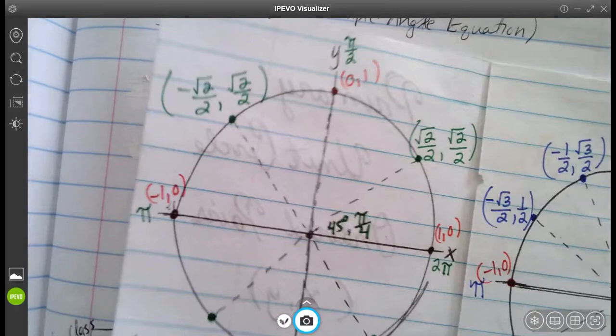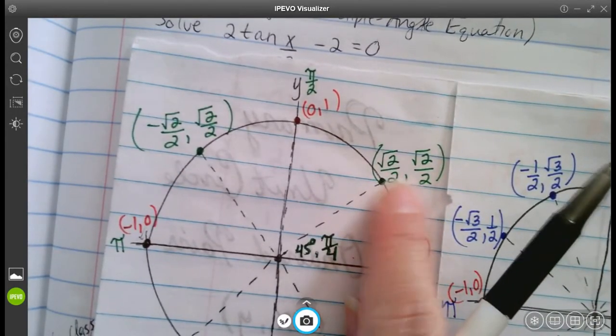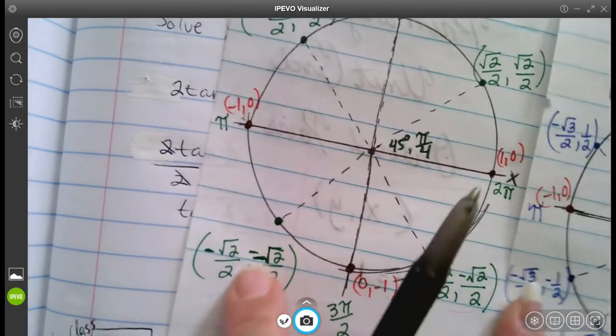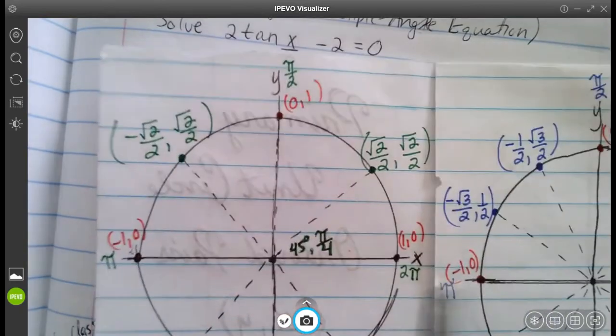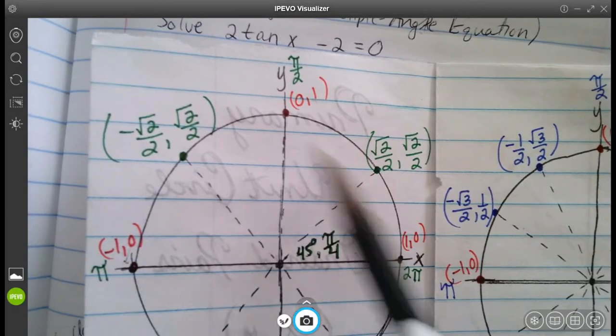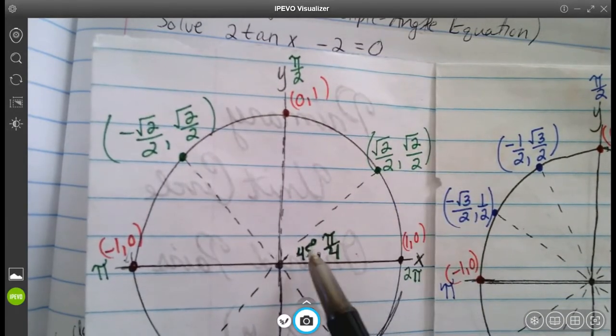So that's going to be this circle right here. These two are the same here, so if you divide them, no matter which order, it's going to give you 1. And it also happens down here. But remember that for tangent, we're just looking from 0 to pi because tangent has a period of pi. So we're just going to look at this value right here, pi over 4.